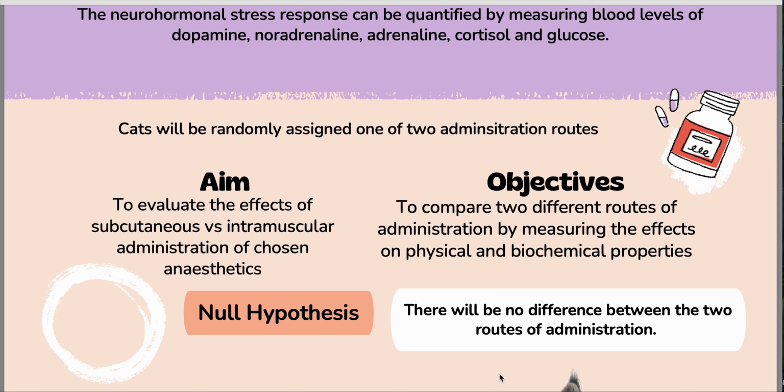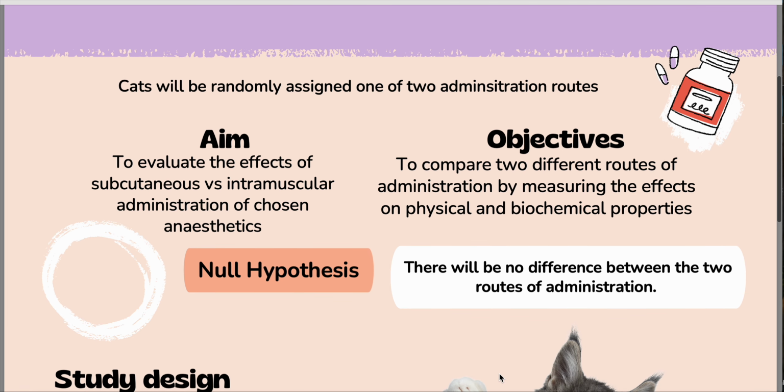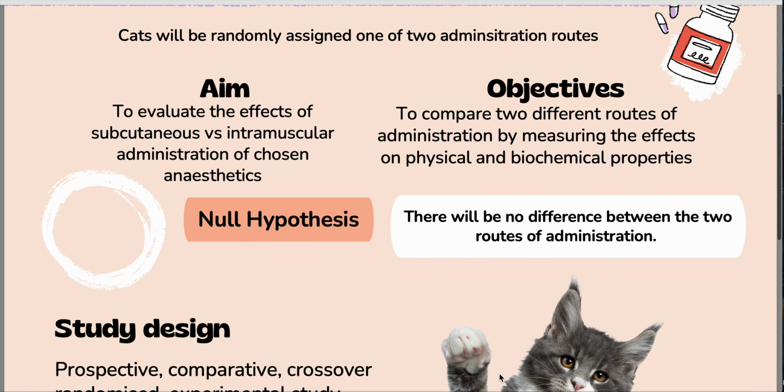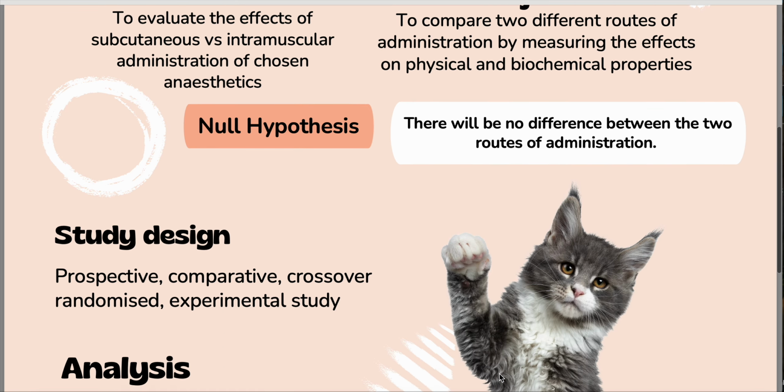The blood levels of the different hormones will be measured, and that will give us a quantification of the stress response. The null hypothesis is that there will be no difference between the two routes of administration, with the alternative hypothesis being that there will be a difference.